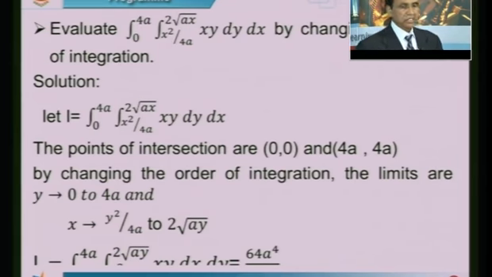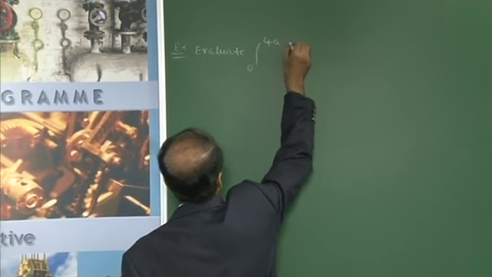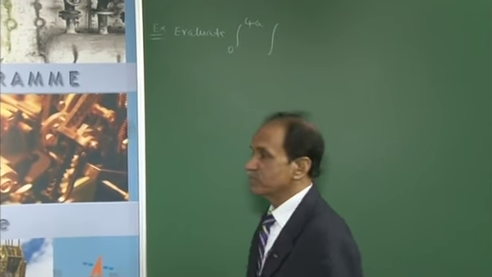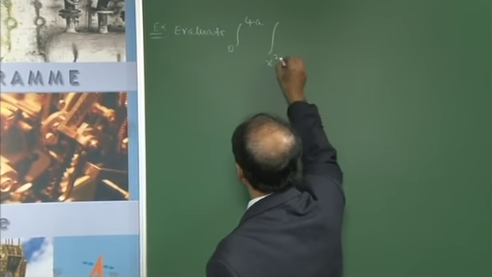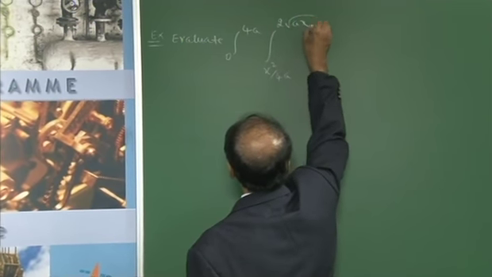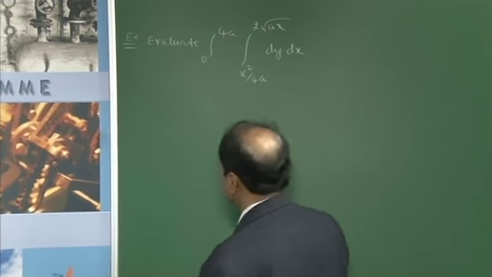Now, the problem is like this: evaluate the integral from 0 to 4a, with variable limits x square by 4a to 2 root of ax, dy and then dx.